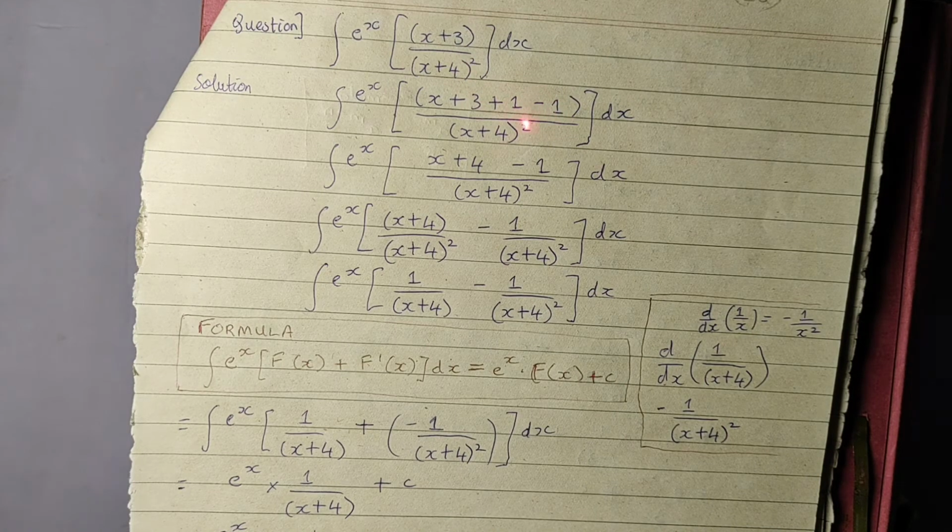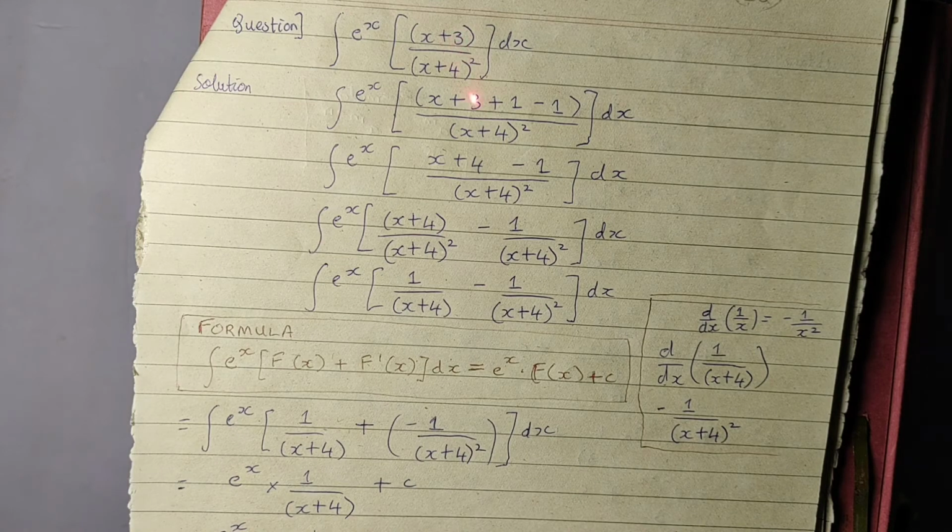We have just put plus 1 and minus 1 on the numerator. The benefit of this is that once you put this, it can be split into two parts. We will see how it is split into two parts. Here you can see x plus 3.